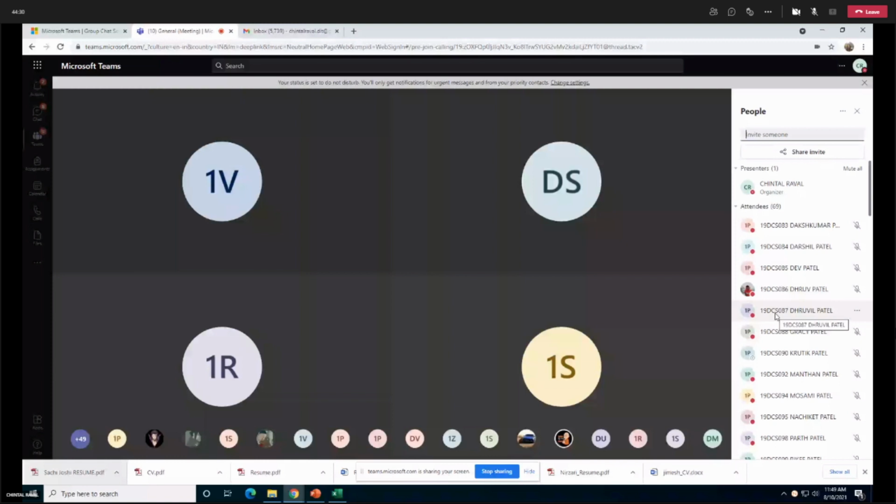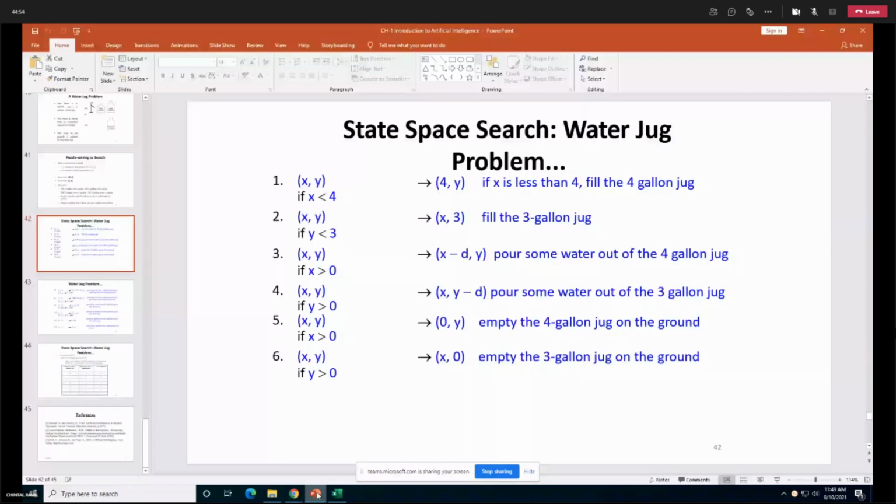A control strategy. If I want to say it in another word, it is what we call the algorithm. So an algorithm is needed in a production system. Why? Let me explain. When we were solving this water jug problem, we were matching our current state with each and every rule that we have.